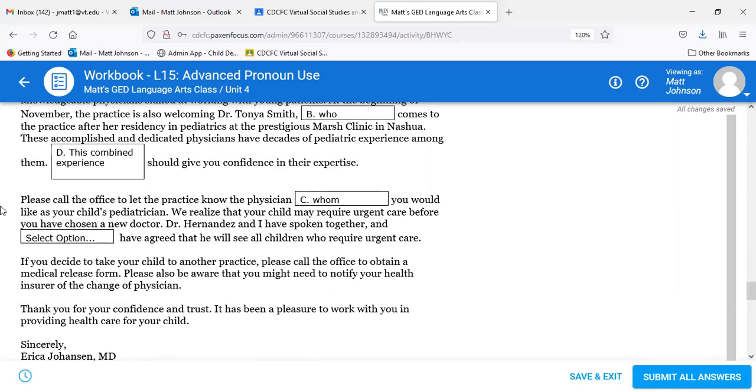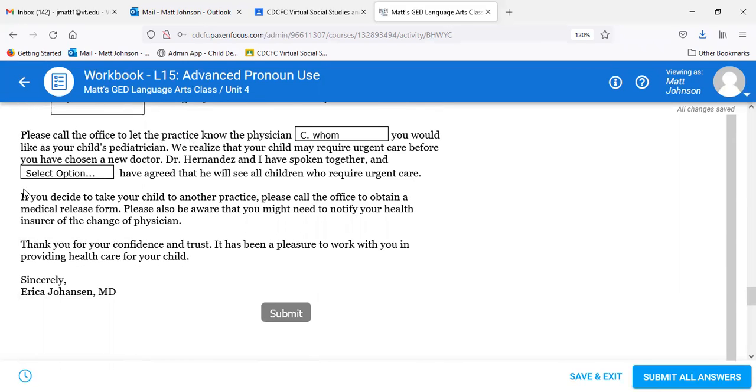We realize that your child may require urgent care before you have chosen a doctor. Dr. Hernandez and I have spoken together, and it's singular, and they're the subject.